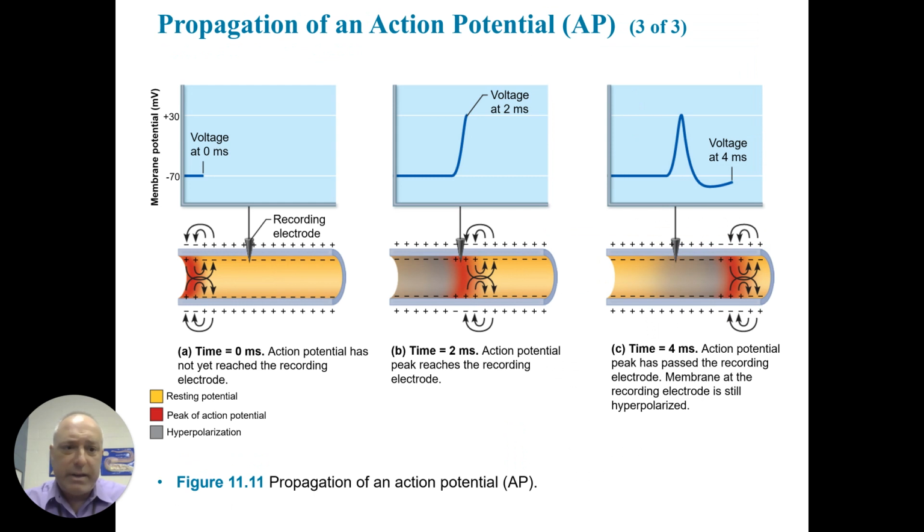It reaches its peak, then a few milliseconds later the potassium channels open and you get your hyperpolarization. So it's very rapid. We're talking in the course of 6 milliseconds, we would get our action potential on a very distinct patch of cell membrane.